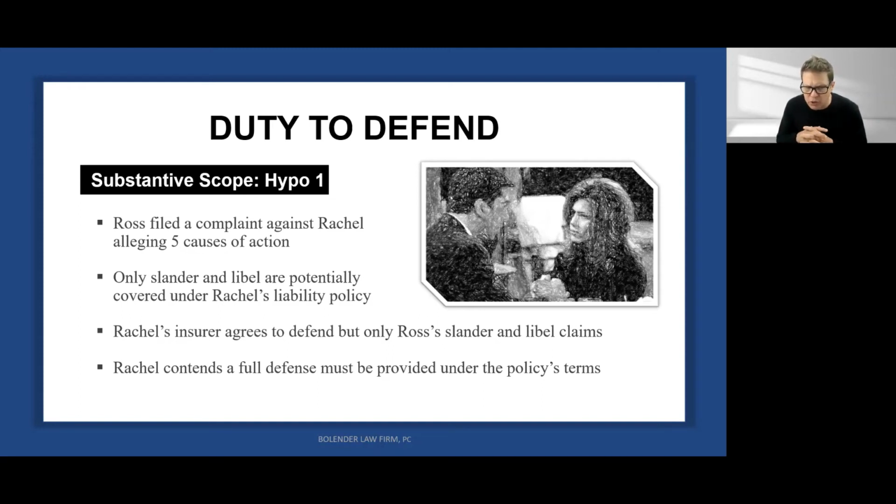Now, Rachel's insurer contends that under the policy, it is only required to defend the slander and libel claims. Those are the 2 claims that are potentially covered. Rachel contends that a full defense is owed under the policy's terms. So who's right?